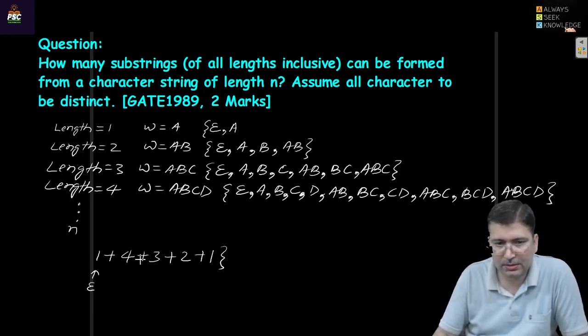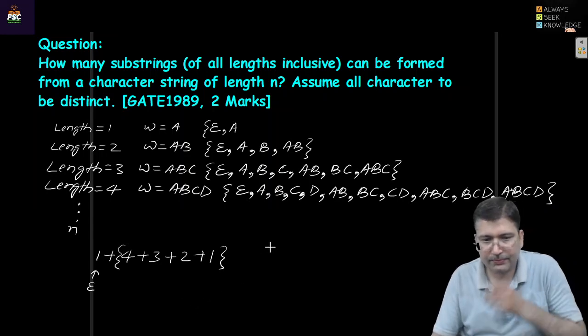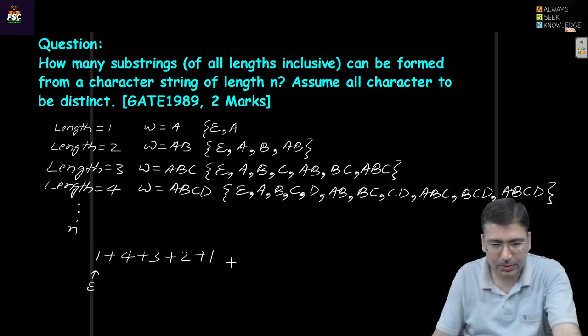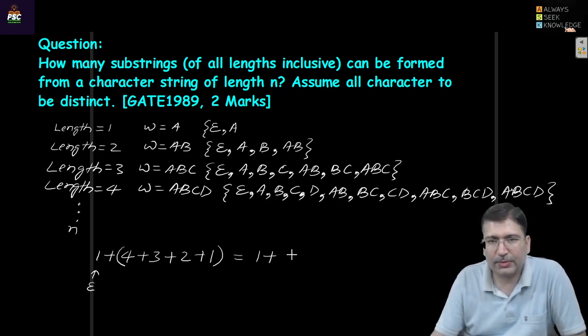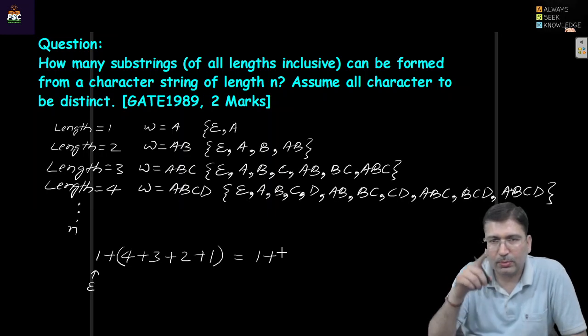So you just try to focus here. Let me put another bracket. If I try to solve this, it will give me 1 plus, and this is a kind of arithmetic progression. There are 4 terms, 1, 2, 3, 4. The sum of an arithmetic progression is n divided by 2 multiplied by a plus l, where a is the first term and l is the last term.